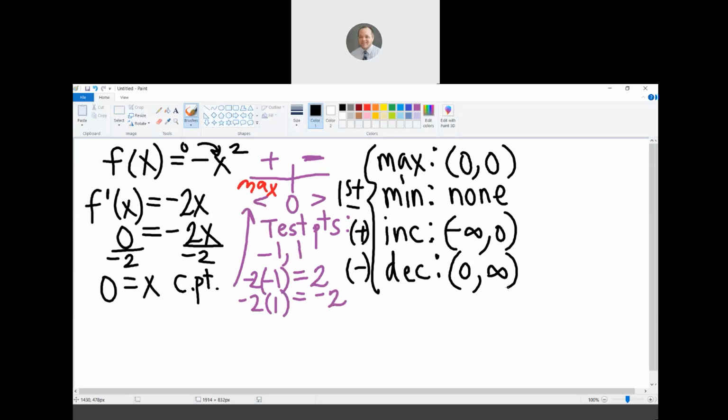Now, to find the other characteristics, namely possible concavity or turning points, we must take the second derivative. So the derivative of -2x is just -2.